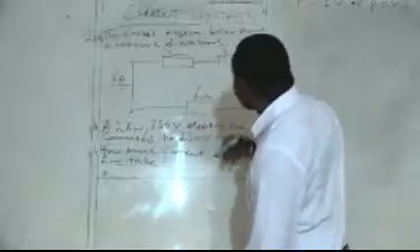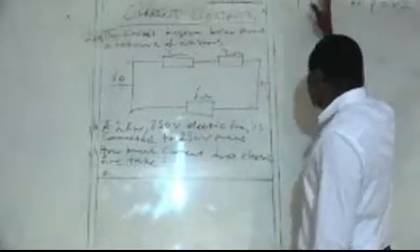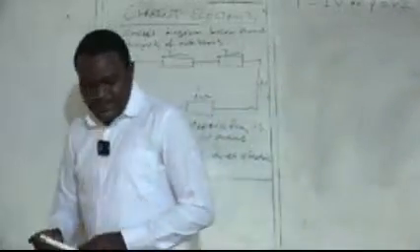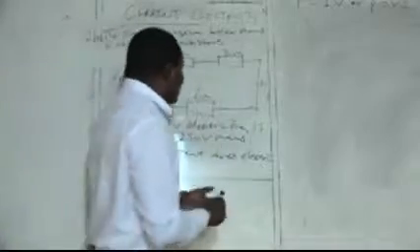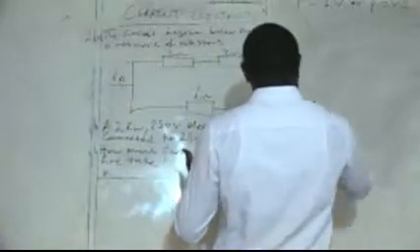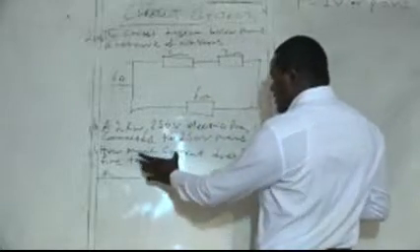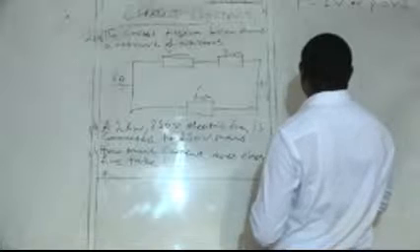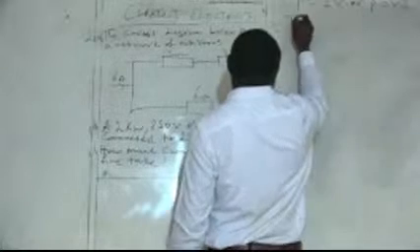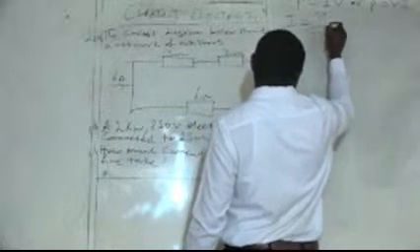Whichever route you take, but for me I'm comfortable with IV. Now we make current the subject of the formula, because we've been asked how much current the electric fire takes. So we have current is equal to power over V.